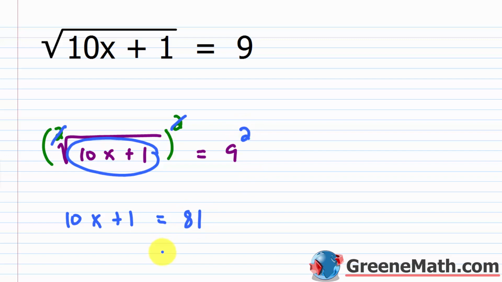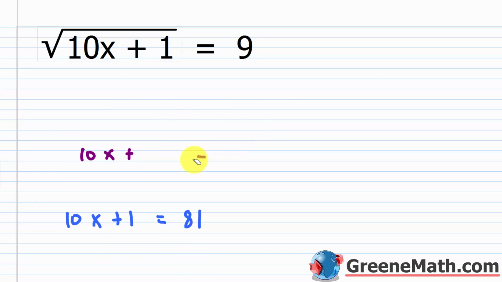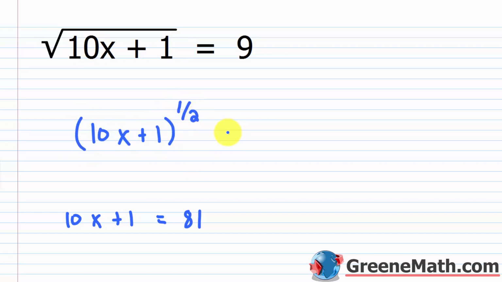So another way to think about this before I go further, remember you can always write this in exponential notation. If you're struggling, you can say this is 10x plus 1 raised to the 1/2 power, and this is equal to 9. I haven't done anything illegal. I just wrote the square root of 10x plus 1 as that quantity raised to the 1/2 power.